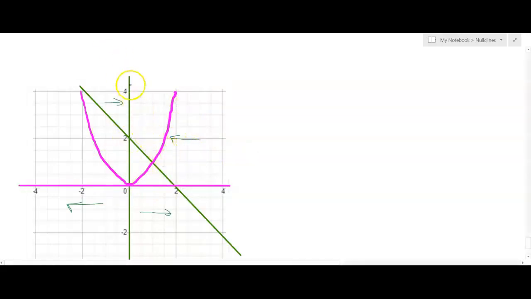So remember, everywhere to the top right, those vectors all have left-facing components. So that's also here, because again, we're within that top right region, and same thing down here, that's going to point right. As long as we are in this pocket here, the vectors all point to the right.